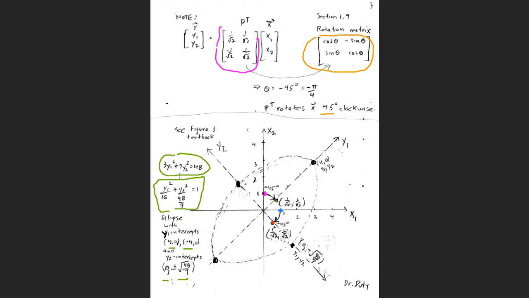And then the e2 vector, which is 0, 1, rotate that 45 degrees. And that tells you what your new axes are. And that's figure 3A in section 7.2 of the textbook.